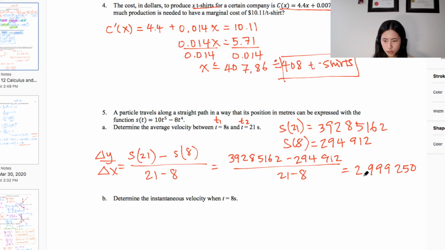This is 2,999,250. Because it's velocity, it's meters per second. So that's your final answer.